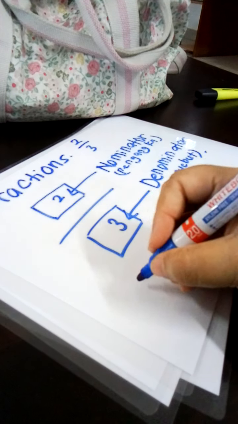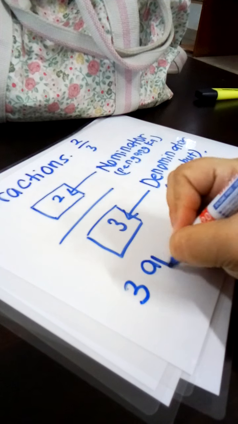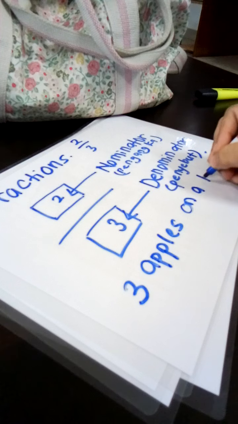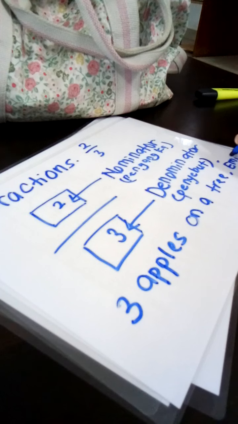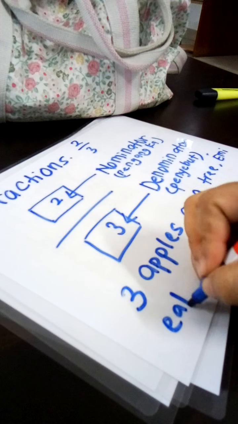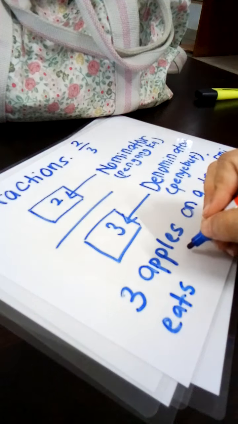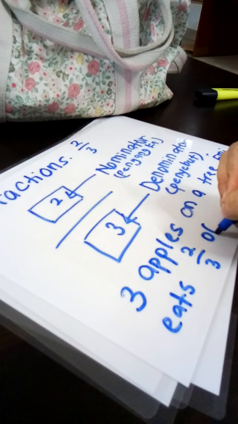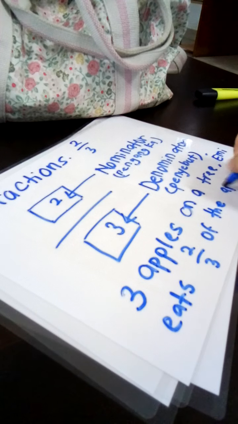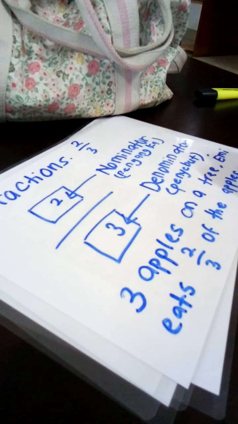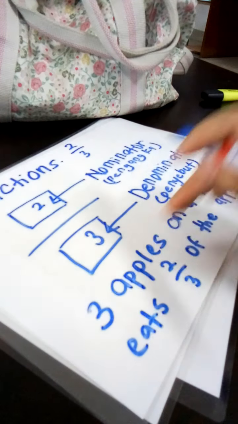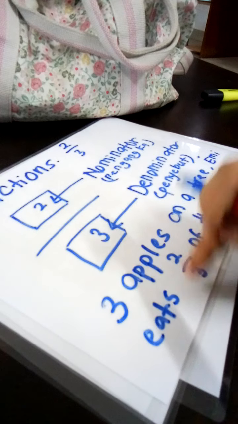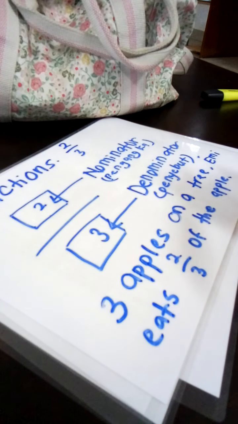For example, there are 3 apples on a tree. Amy eats 2/3 of the apples.